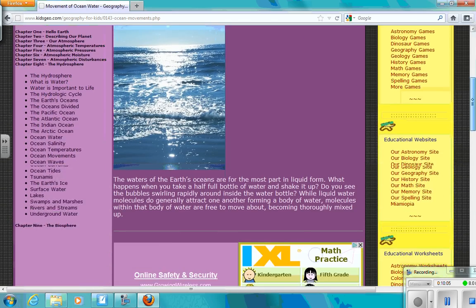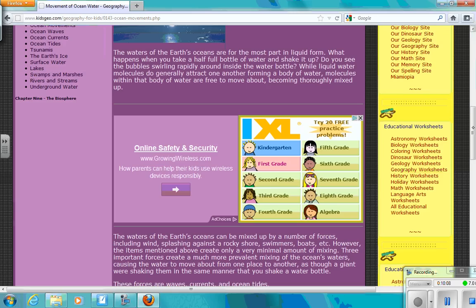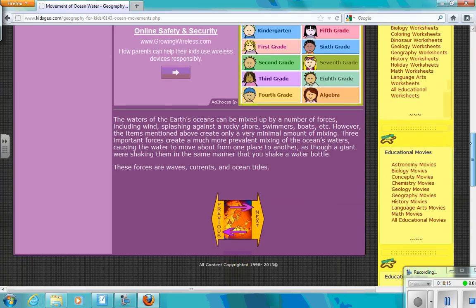Talk about the way waters move in the oceans. The waters of the oceans are for the most part in liquid form. The waters of the oceans can be mixed up by a number of forces, including wind, splashing against rocky surfaces or shores, swimmers, and boaters.